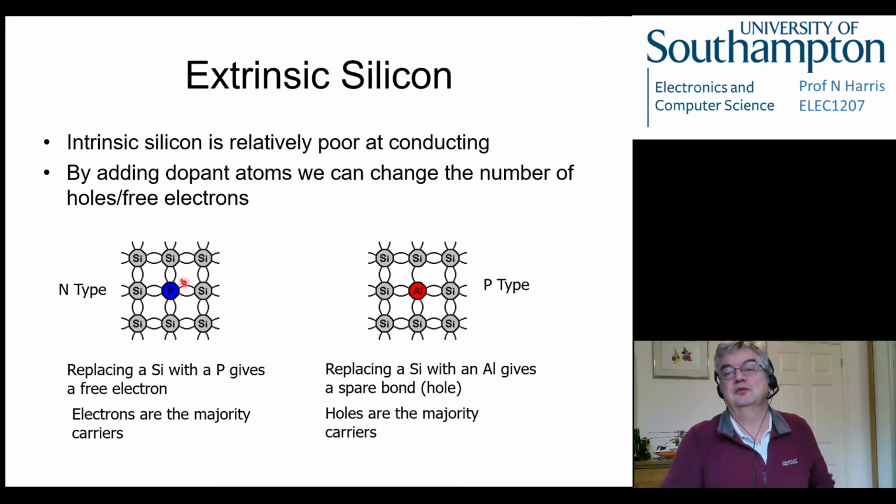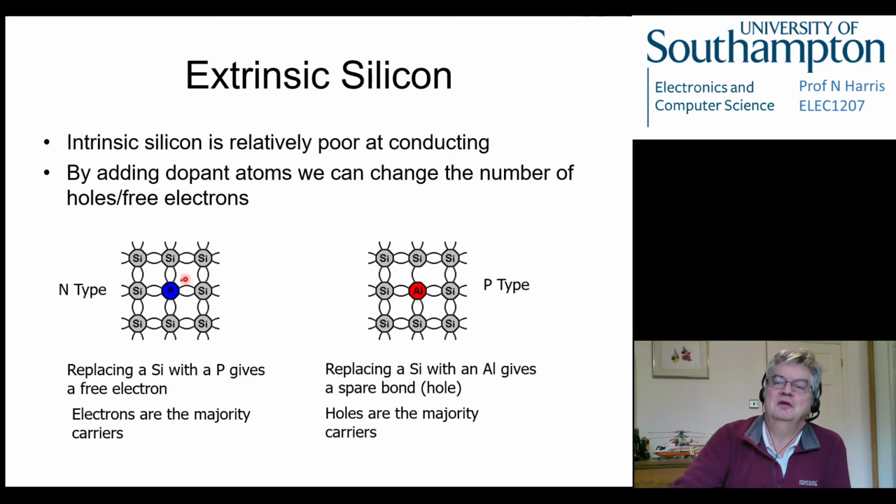So it's got an electron that's loosely bound to it in normal conditions, but it's easy for us to kick this little black electron out into a higher orbit and get it to conduct. So this allows us a sort of a surfeit or an excess of electrons that are relatively free to move. And in this case, electrons are the majority carriers because we haven't really left any holes behind.